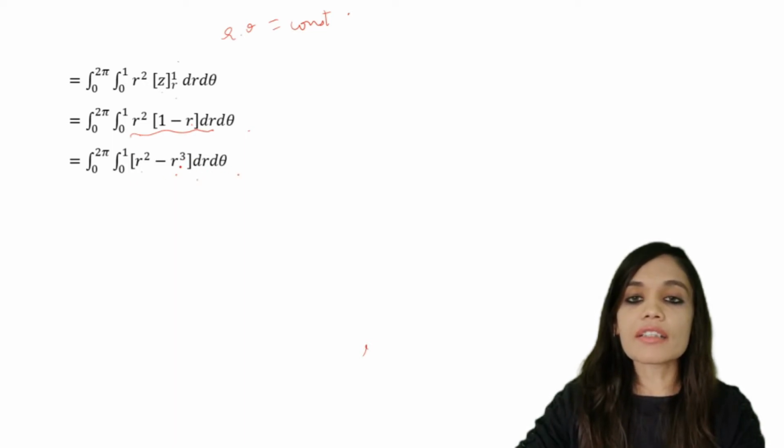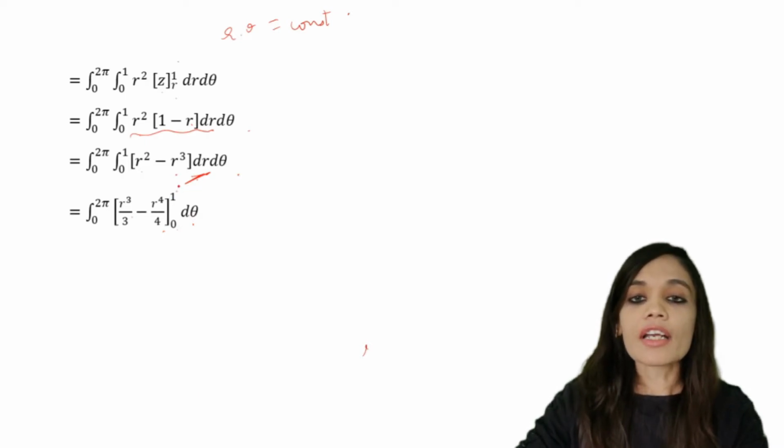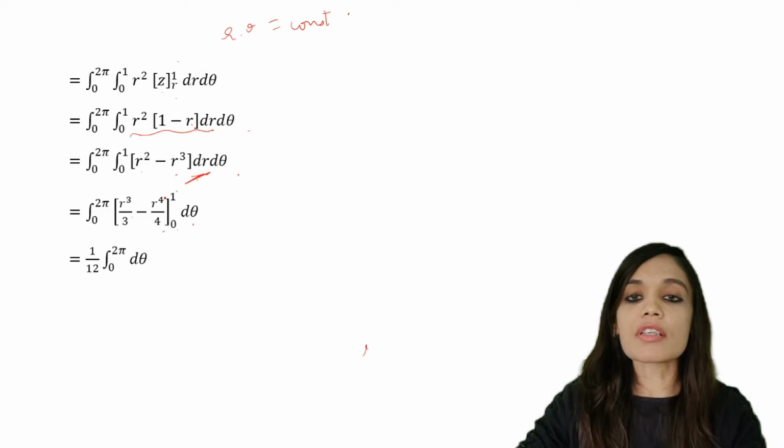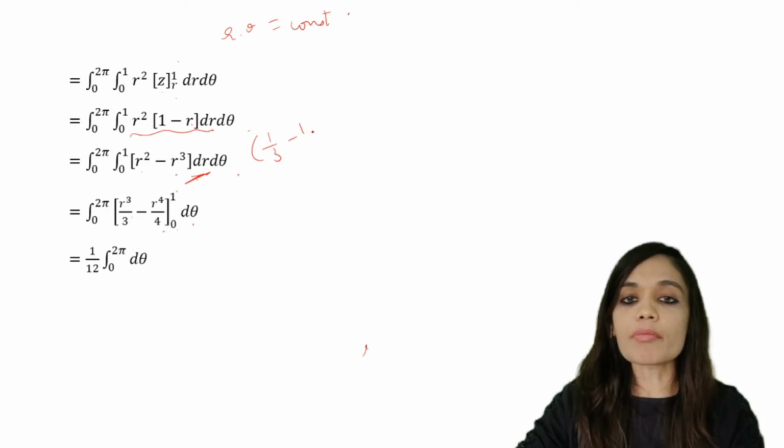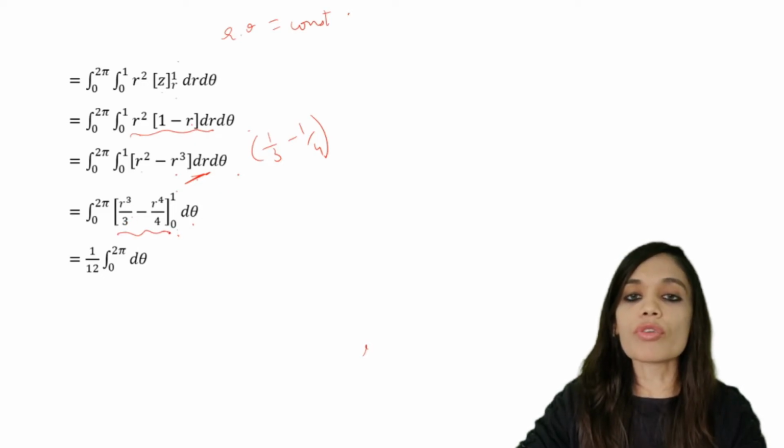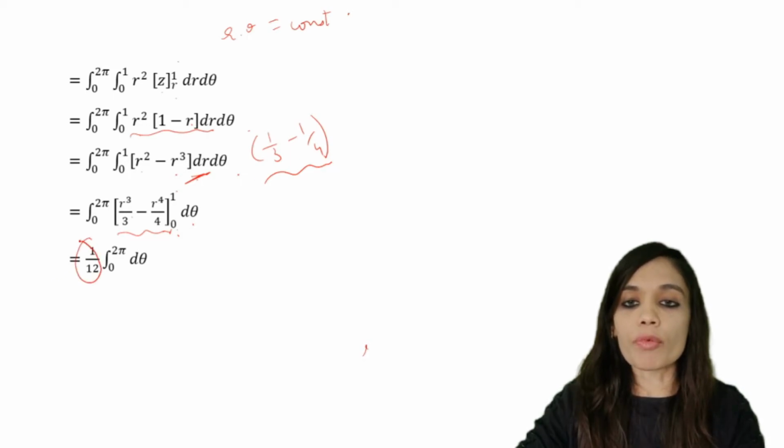Now let us integrate this with respect to r. So integration will be r cube by 3 minus r raised to 4 upon 4 from 0 to 1 d theta, right? Now suppose if we put the limits, firstly we will put 1. So what will we get? 1 by 3 minus 1 upon 4. And if we put 0, the whole term will go to 0. Now simplify this. So what will get outside? 1 upon 12.